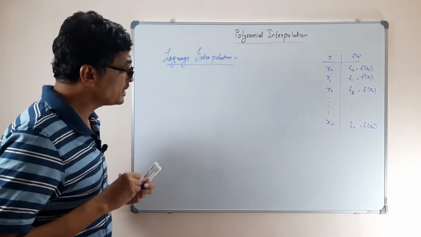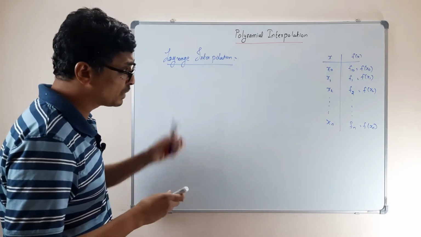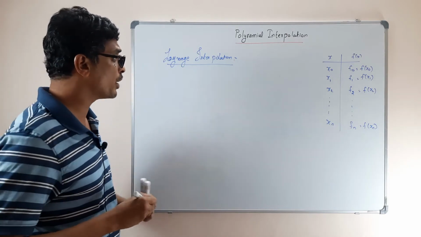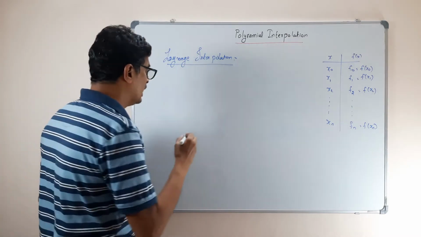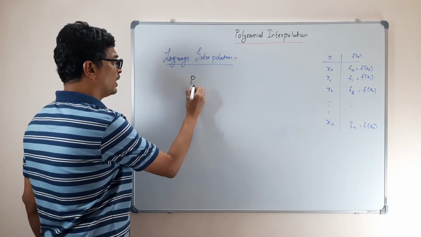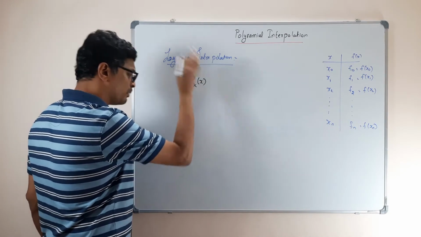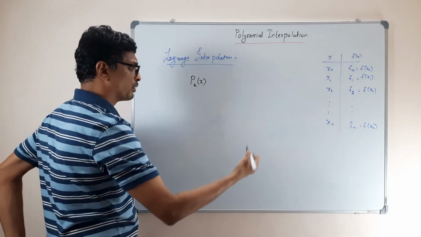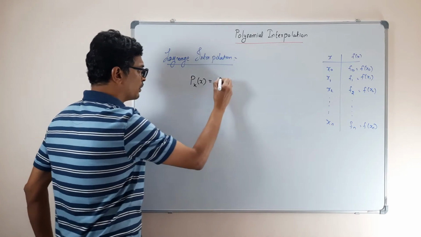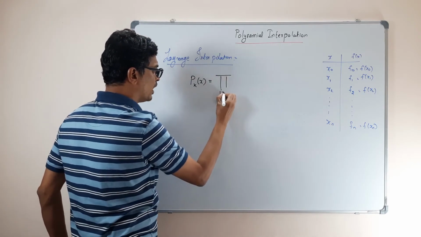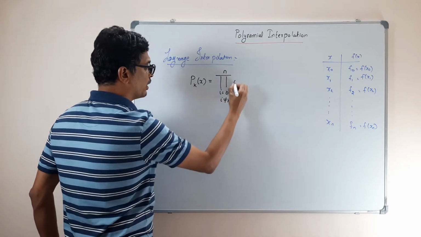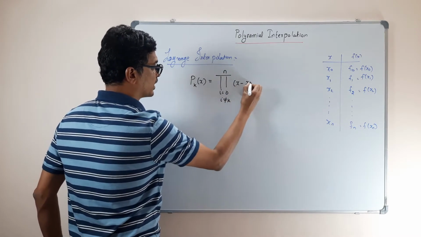In Lagrange interpolation, our aim is to construct a polynomial of degree n from these n plus 1 points. Let us construct a polynomial pk of x, where k is some index from 0, 1, 2, 3 up to n, such that this is equal to the product over i equal to 0 to n, i not equal to k, of x minus xi.